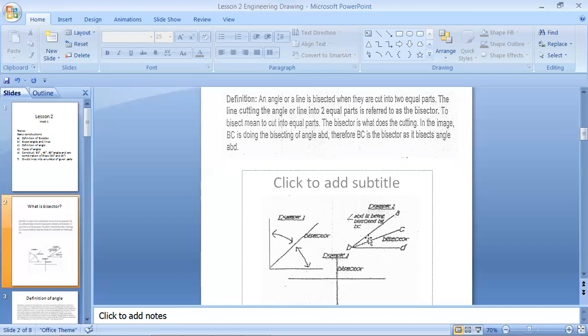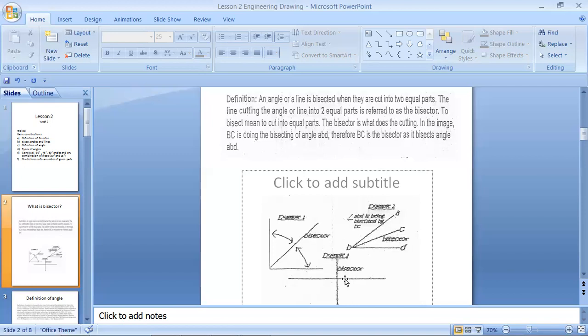Here is an angle of approximately 35 degrees. It has been bisected into 2 equal parts, and the ray C you call a bisector line. We have a straight horizontal line here that has been divided into 2 equal parts by this line. We call it a bisector line, right?